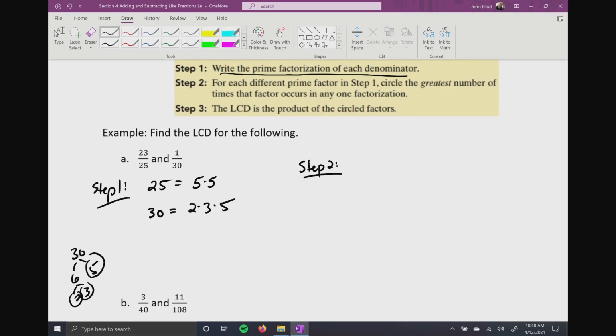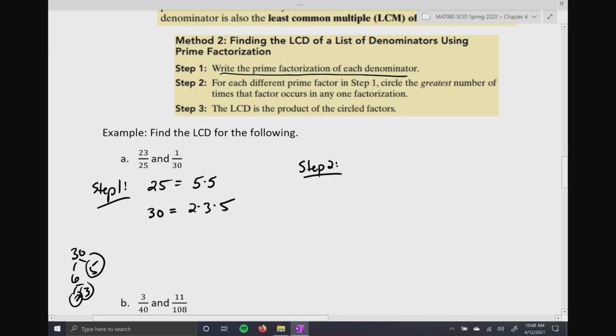So, in step 1, I have 2 5s here, but I only have 1 5 there. So I'm going to circle the 2 5s because that's the greatest number of times I see it. The number 2, I only see it once, and I see it right there. The number 3, I only see it once, and I see it right there.